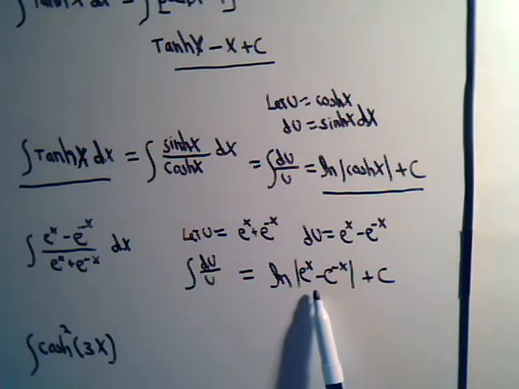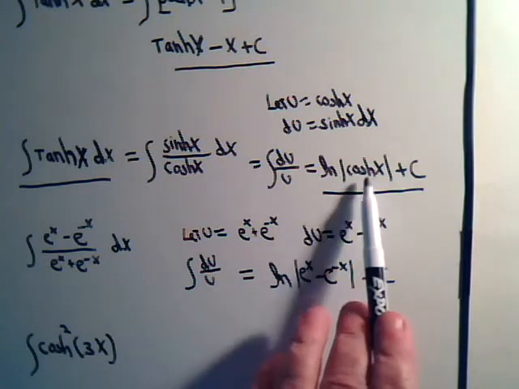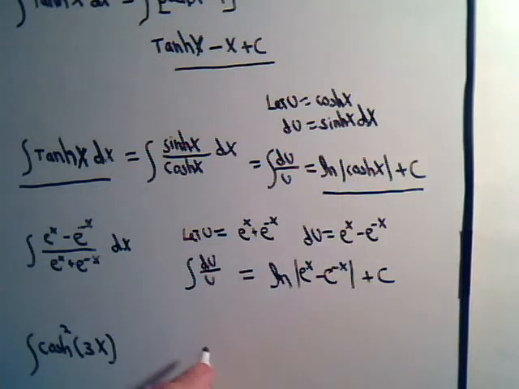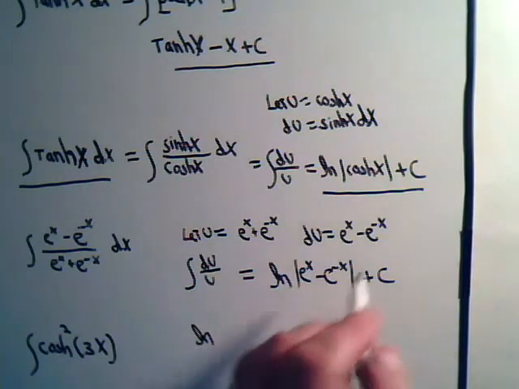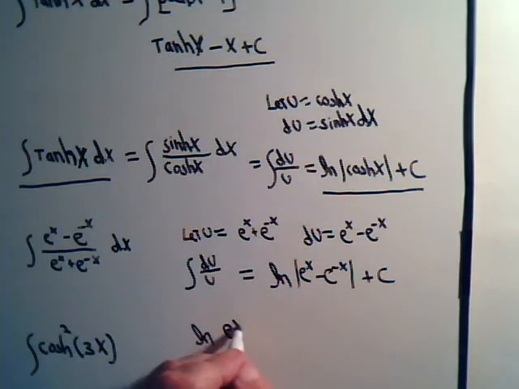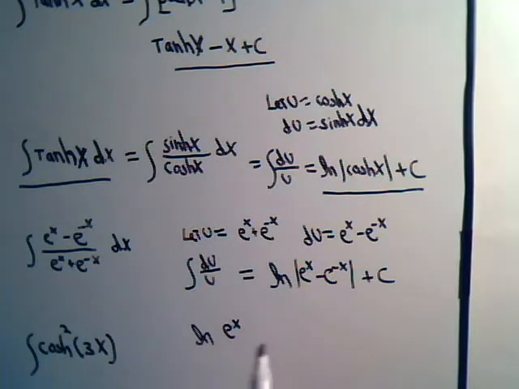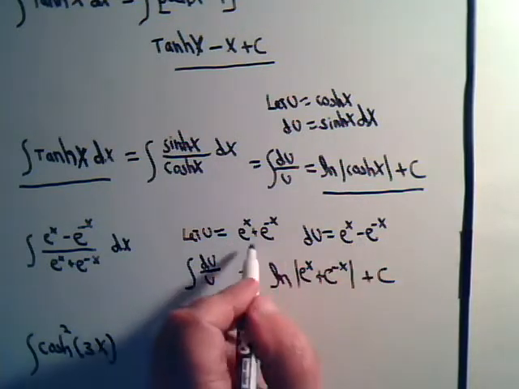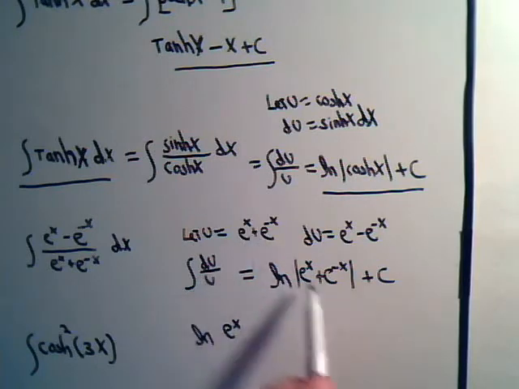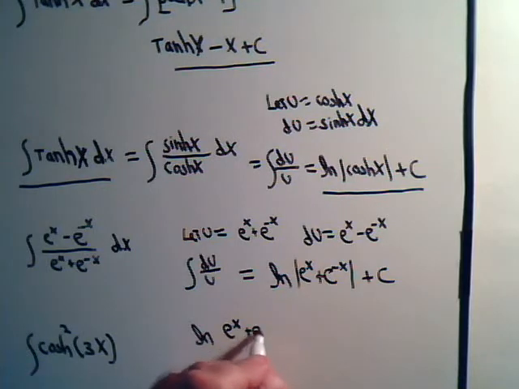Now, here we said it was the hyperbolic cosine. Here we don't quite have that, do we? But actually, these two expressions are the same, and the reason for that is, let's look at this one and write it out. That's the natural log of u, which is this. And here, this definition is e to the x plus e to the minus x divided by 2.